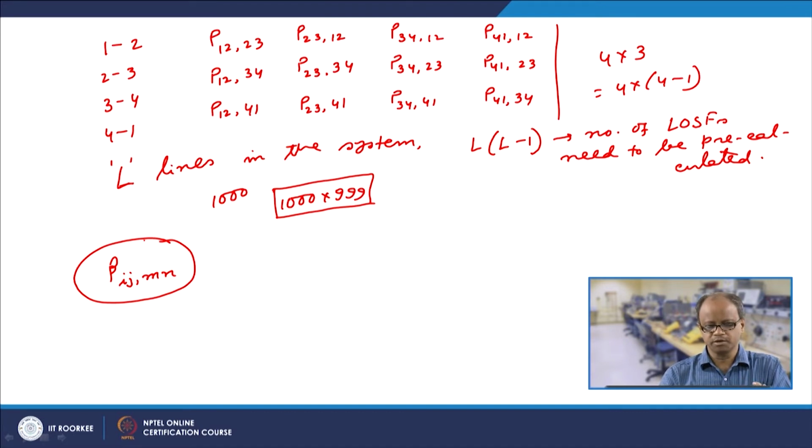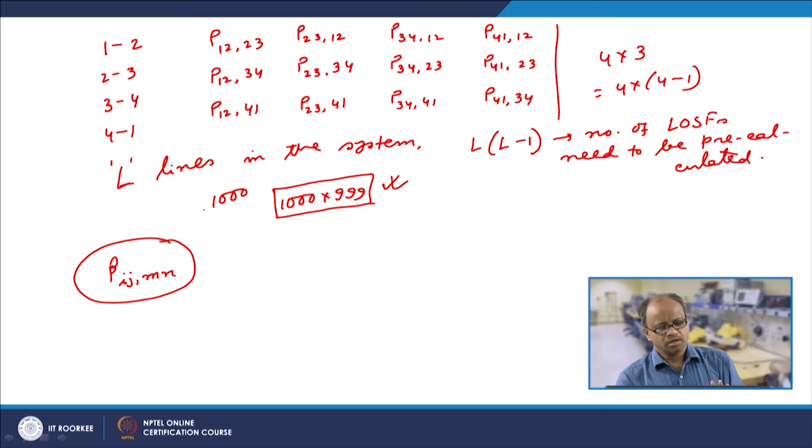Calculating these many coefficients will take no time with today's computational facilities. Although this number is pretty high, calculating these coefficients takes absolutely no time, because they depend only on the line parameters, which are known. So calculation of these LOSFs is also very easy.